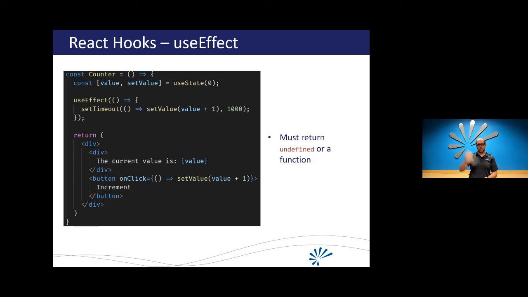So the component will render, and it'll execute that useEffect, and that calls set timeout, and that's going to set the value to value plus 1 in 1 second. So after that component renders, 1 second later, that'll execute and will re-render the component, which will cause another timer tick every second. So this is essentially a clock that updates every second.